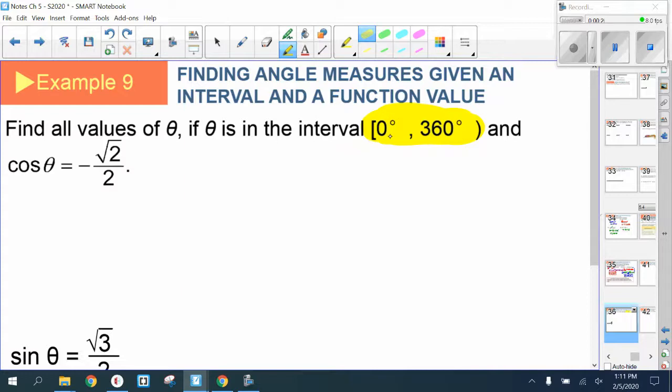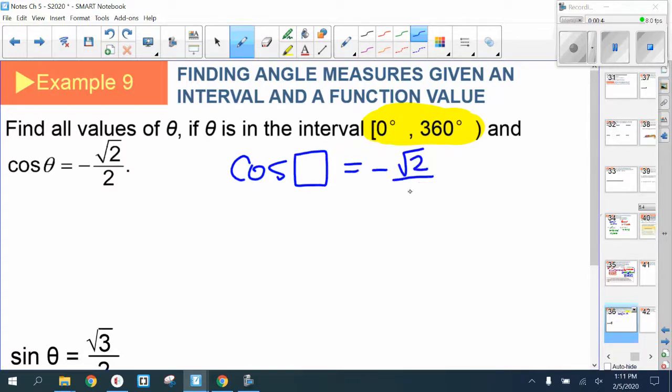We want cosine theta equals negative square root of 2 over 2. We're trying to find the angle or angles, okay? And so another way of looking at this question is if you're trying to find whatever this angle is that gives me negative square root of 2 over 2.